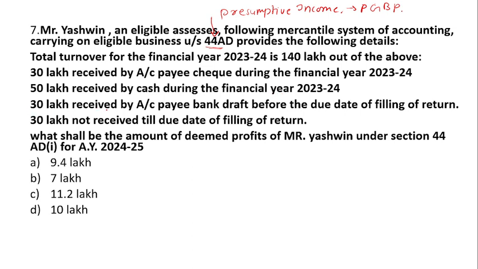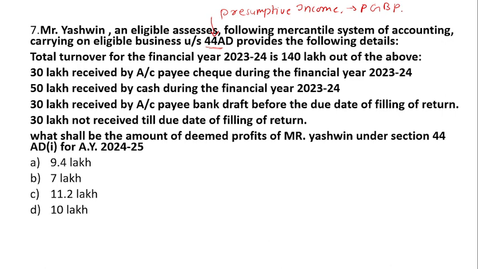Then 30 lakh was received by account payee bank draft before the due date of filing the return, and 30 lakh was not received till the due date of filing of the return. So in this case, what will be the amount of deemed profit of Mr. Yashwin under section 44AD?